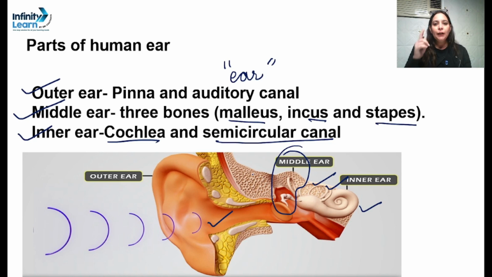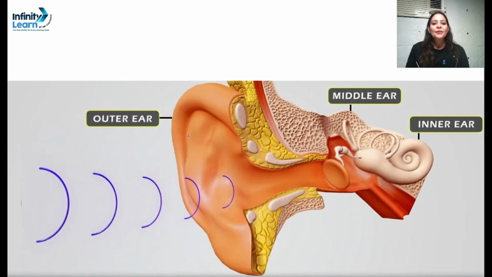So the outer ear is made up of the pinna and ear canal, and the eardrum also falls in the outer ear. The middle ear is formed of three bones: malleus, incus and stapes, and the inner ear is formed of the cochlea and semicircular canals. I hope this is clear till here. Okay, let's move ahead. Outer ear, I want you to tell me once again.